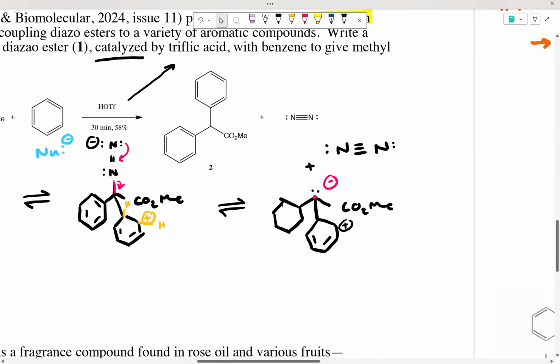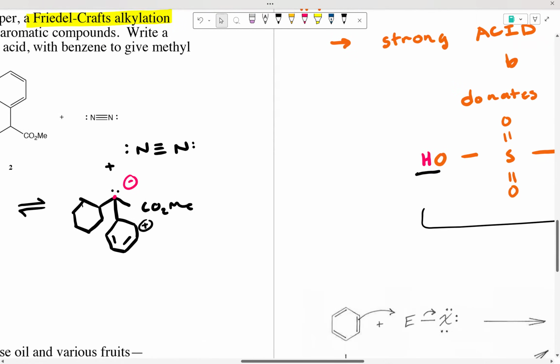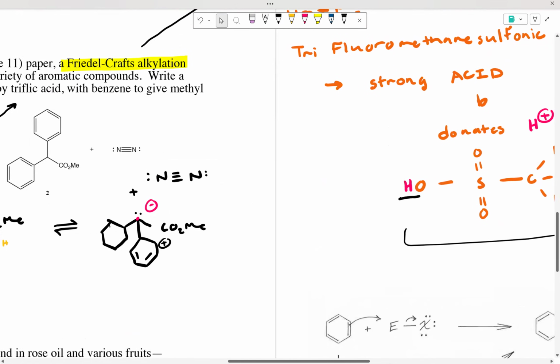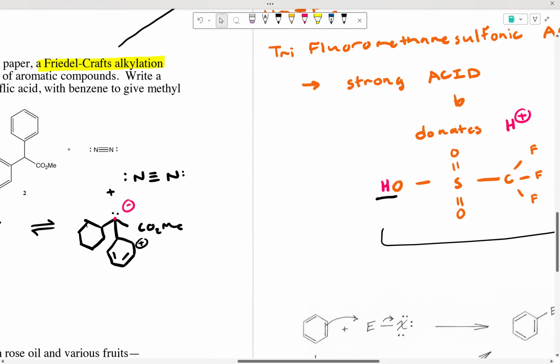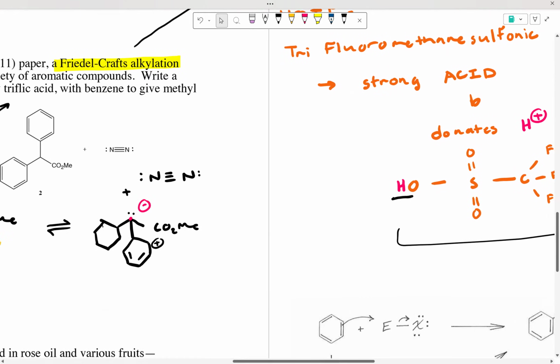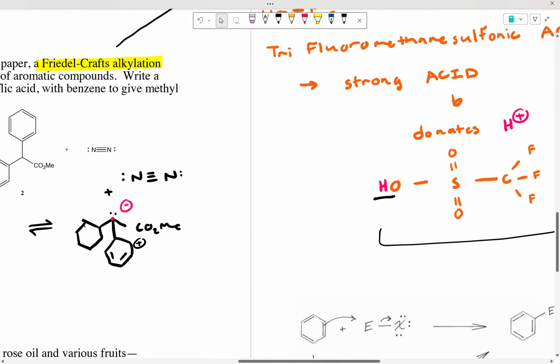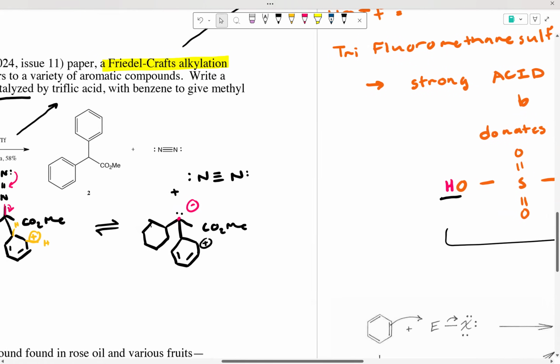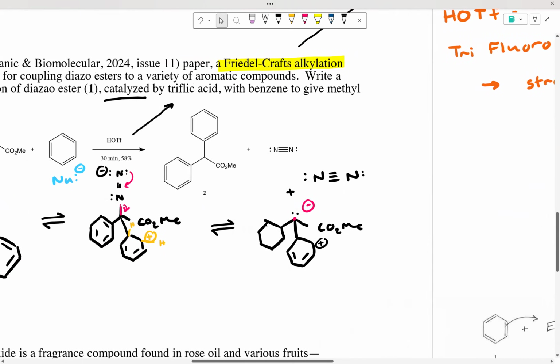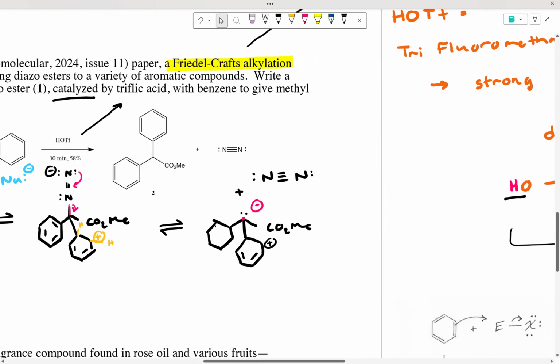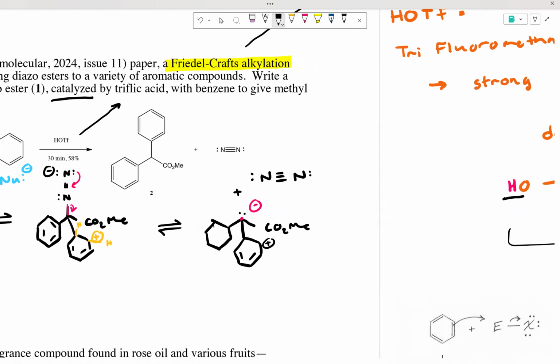Now this is when our acid comes in, because we know that acids donate hydrogens or accept electron pairs. So I'm going to draw our acid here the way that he did.